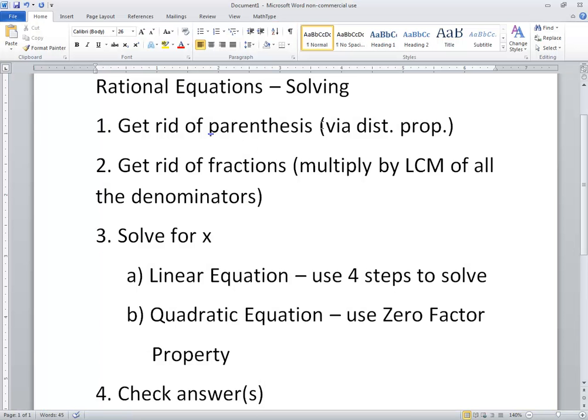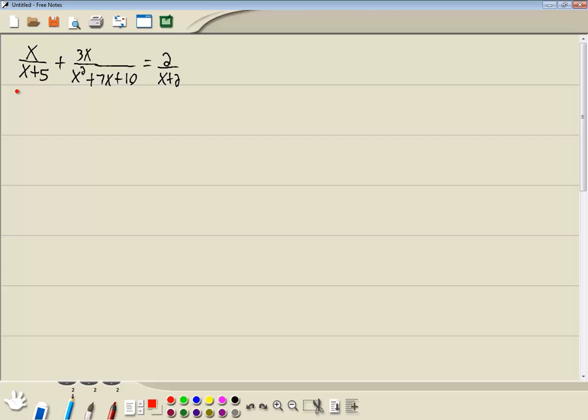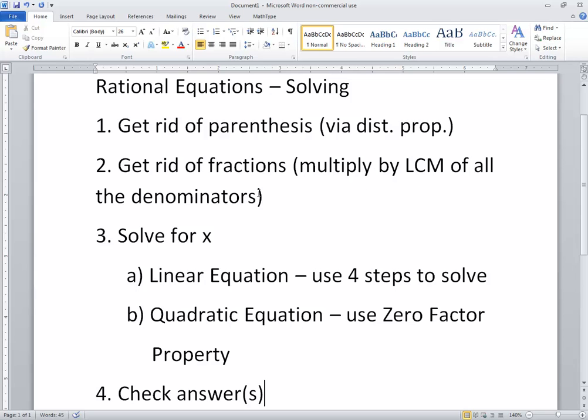Step 1, get rid of parentheses. Don't have any. Step 2, get rid of fractions. Multiply by the LCM of all the denominators.